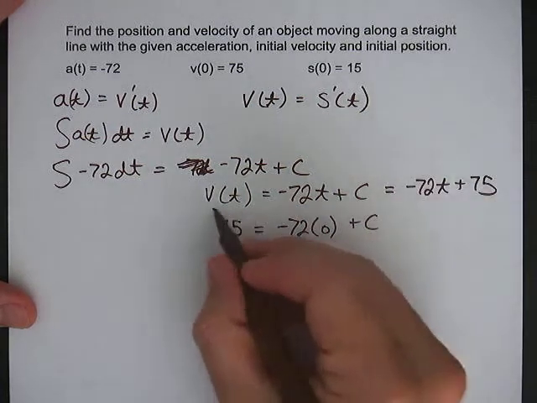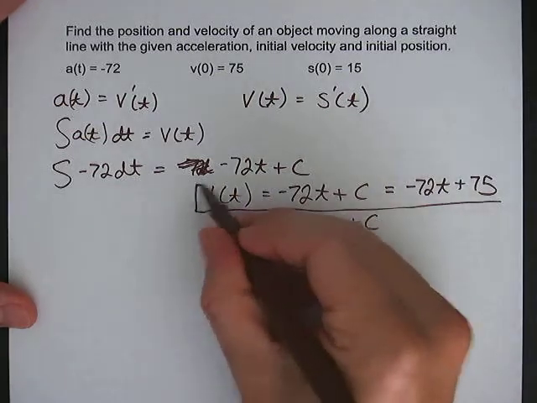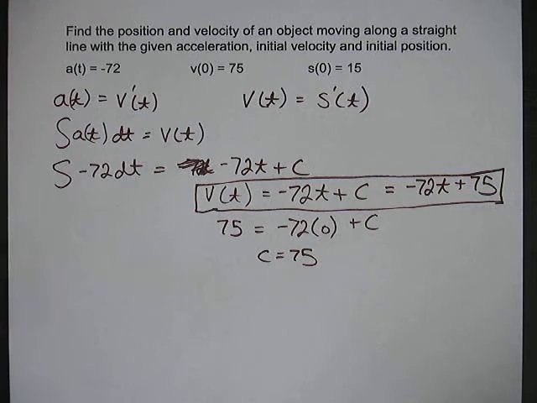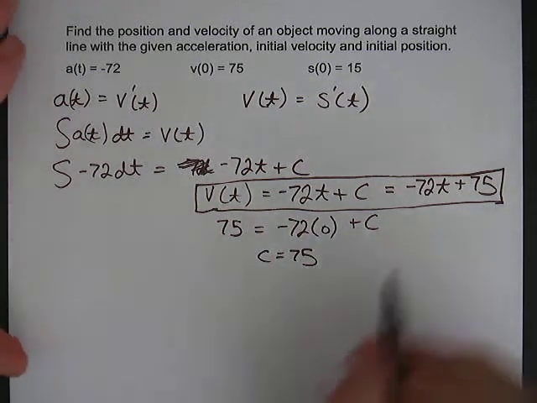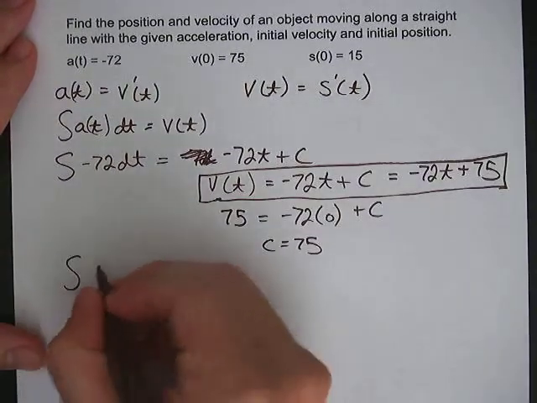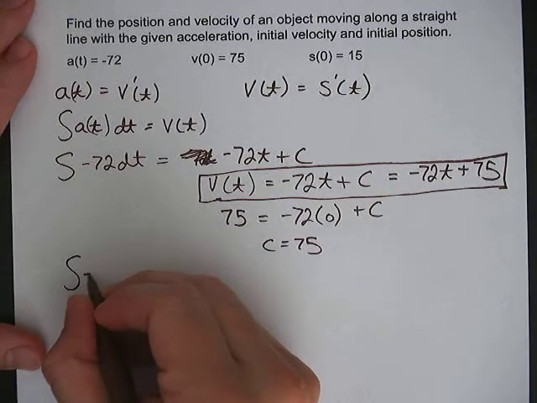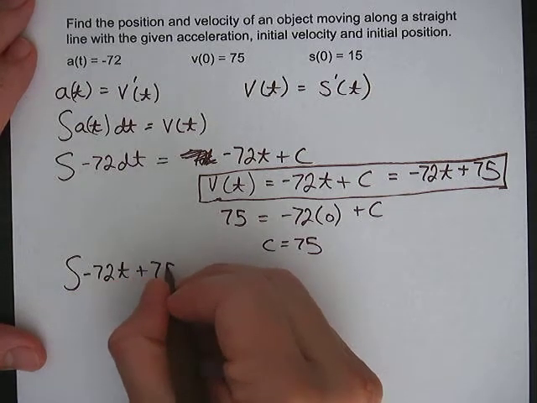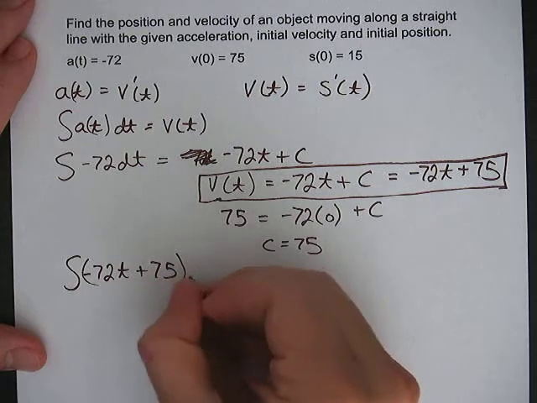So that is your velocity. Likewise, to go from velocity to position, again, we're going to take the antiderivative. So we'll take the antiderivative of what we just found, which is velocity: the antiderivative of negative 72t plus 75 dt.